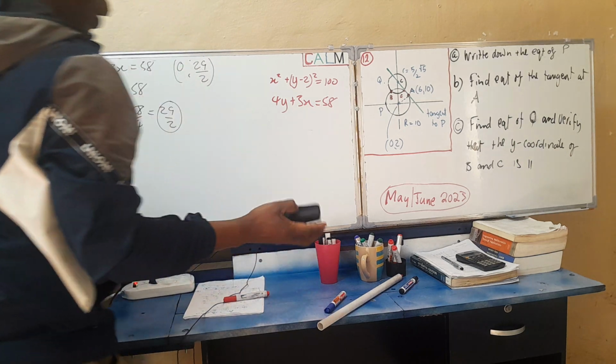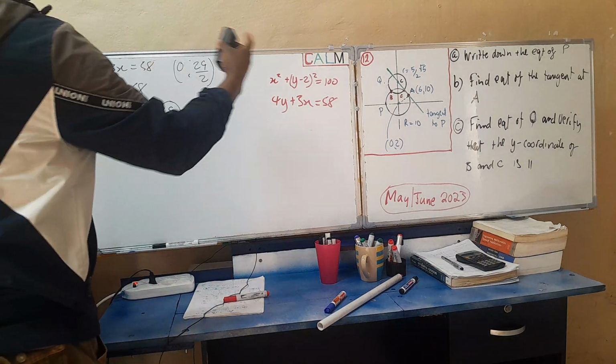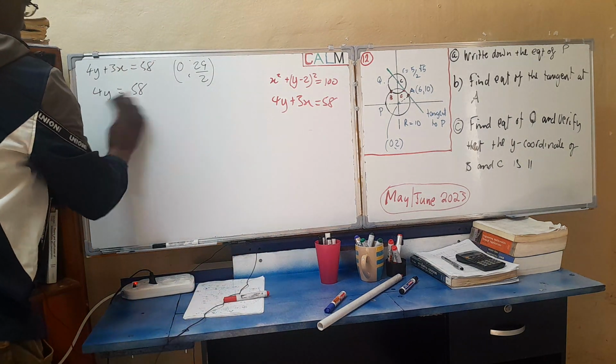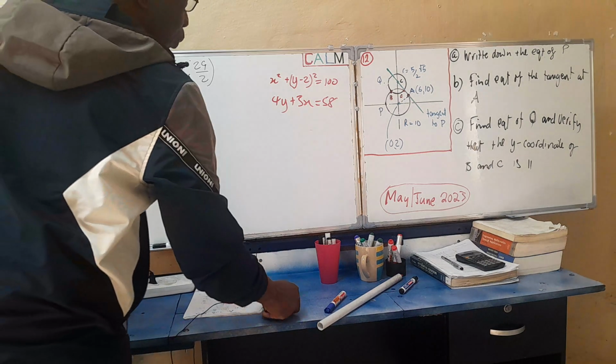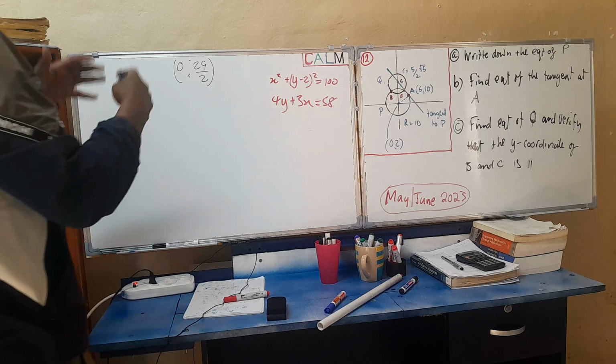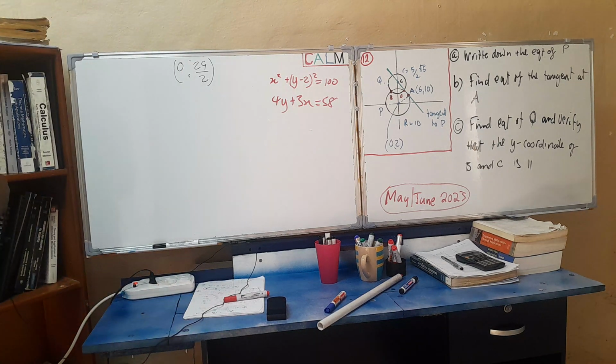Question is, what is the equation of the circle? Again, we go back to what we discovered in question A, that when we have a circle centered at a certain point, we just write down the equation.